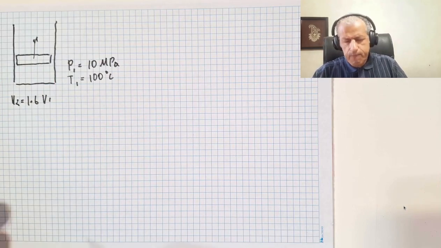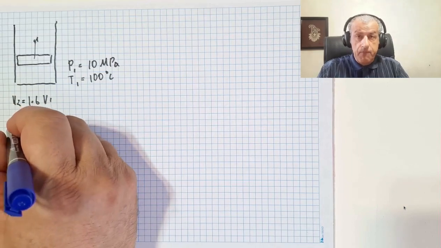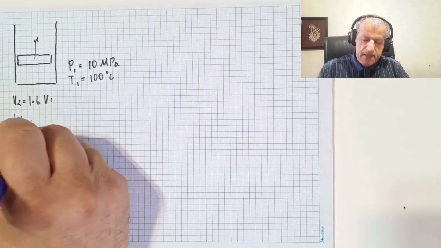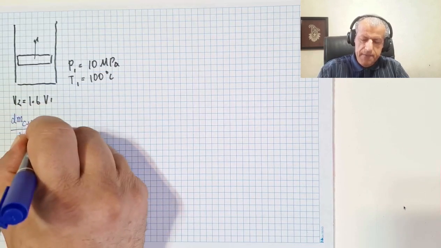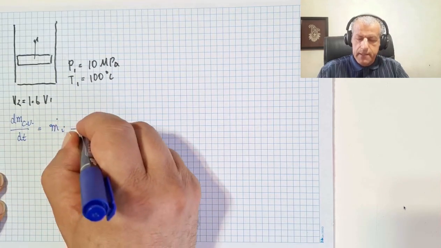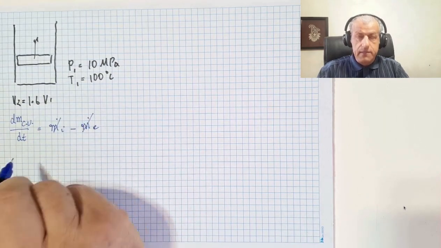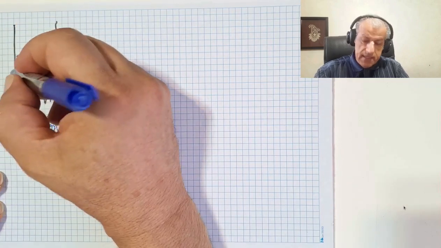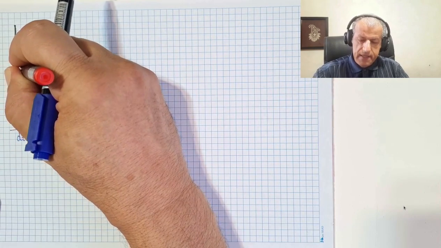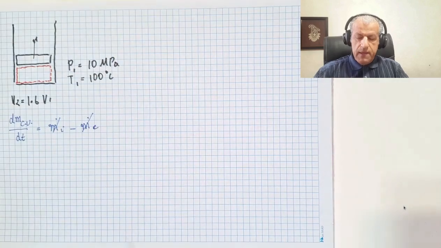then we could write the mass conservation law, dm_cv/dt equals m dot_i minus m dot_e, and since nothing enters or leaves our system, we have to assume a system, and the system is the ethane gas inside here.